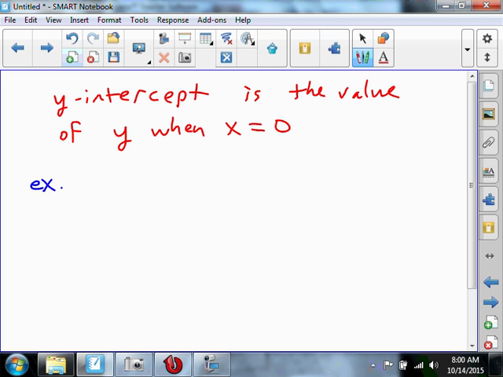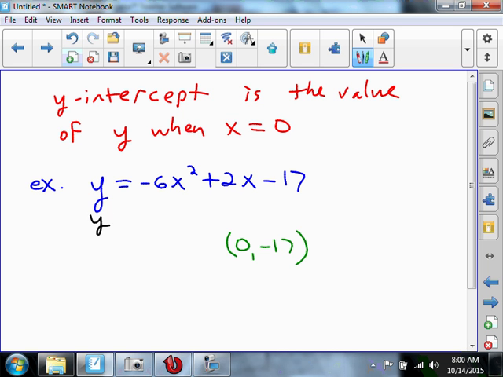Now, if we back up for a minute, and I know people hate when I go forward and back in the lesson, but if we look at something like y equals negative 6x squared plus 2x minus 17, some people remember that the c is the y-intercept, and some people remember that this is going to go through the point (0, negative 17). Other people need to replace x with 0, so they'll say y equals negative 6 times 0 squared plus 2 times 0 minus 17.